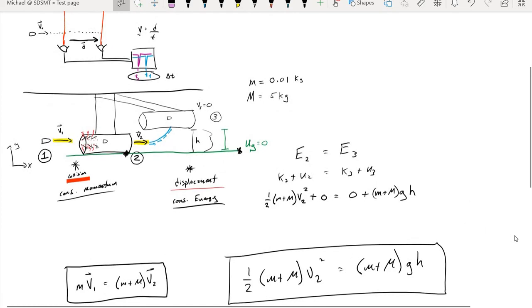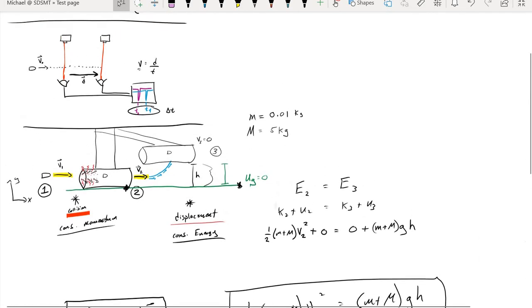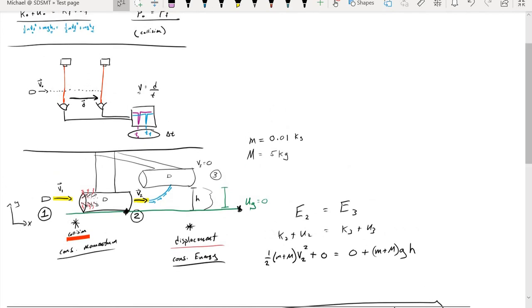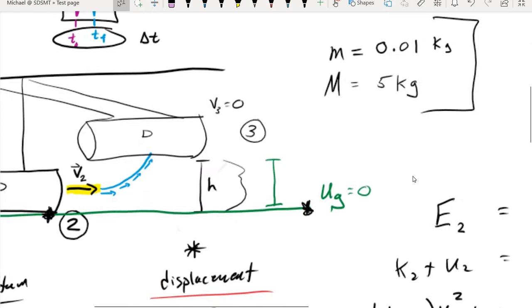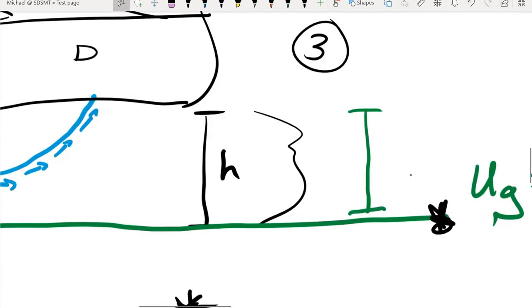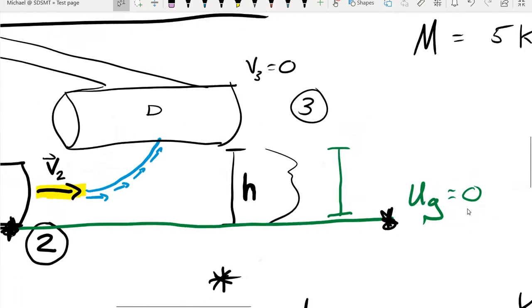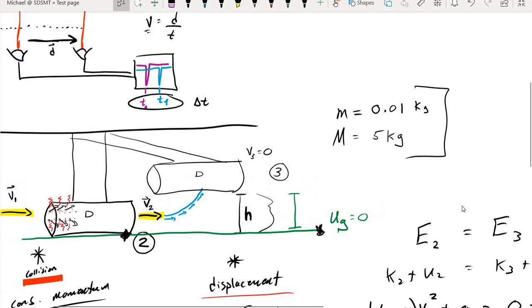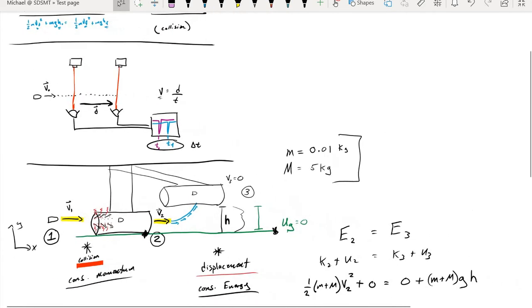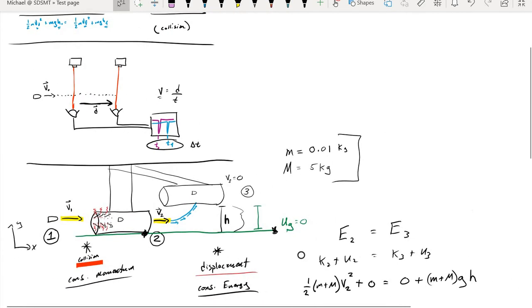Of all these sites, Site 1, Site 2, Site 3, which one would we have the most information about? Well, so far we only have the masses of the bullet and the log. But in the experiment itself, the point of the experiment is that we want to measure the height of the log after it swings and comes to that momentary halt.